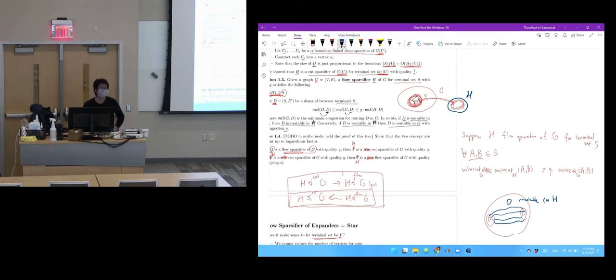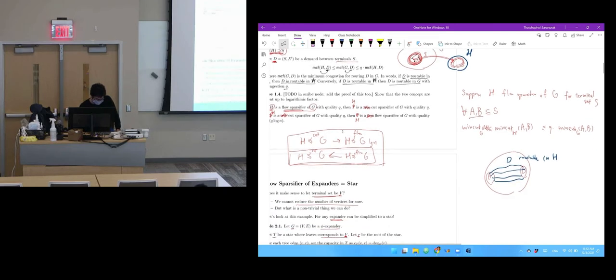Here D can be any demand on S. Yeah, so then we can really choose just the edges between A and B. The demand that makes sense to me would be the cross product demand between A and B. It's just a natural one.